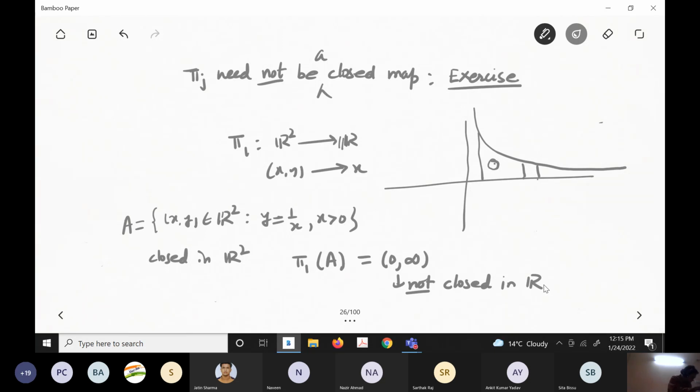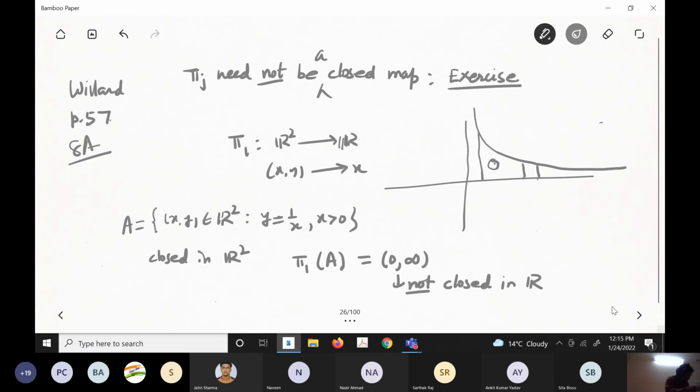Willard gave this as an exercise, page 57, on projection maps. So here is an example. This is not closed.